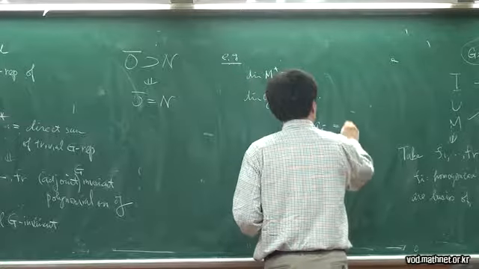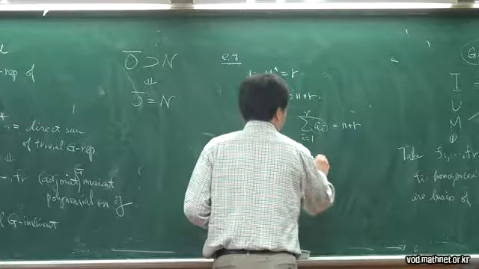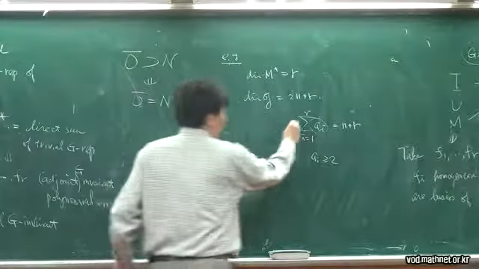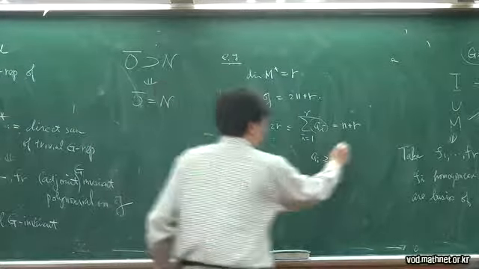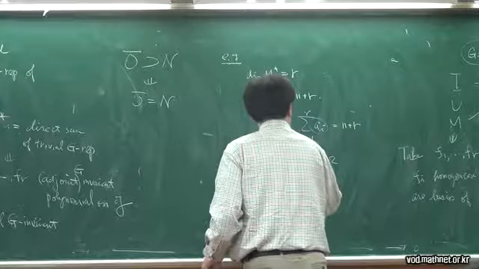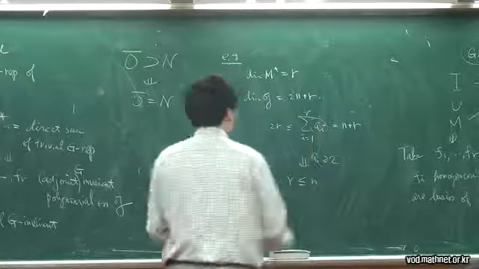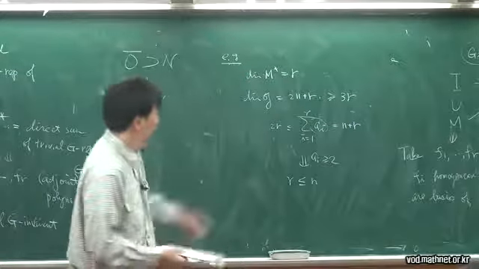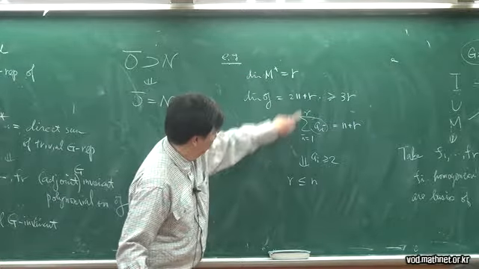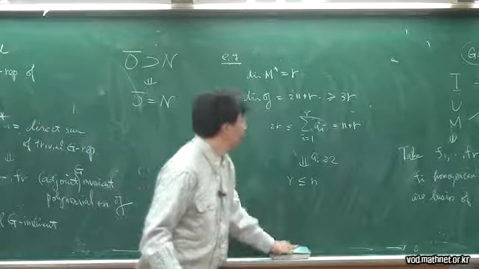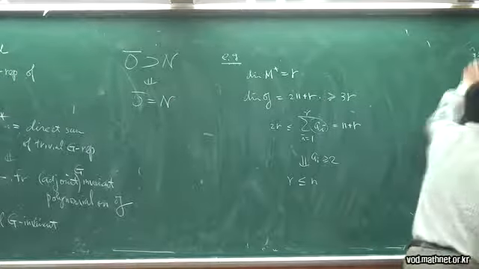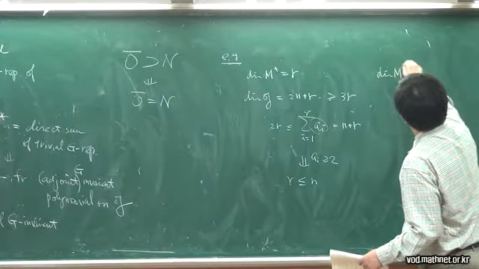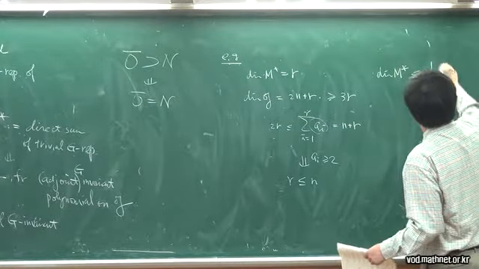This is n plus r, but a_i is not less than 2. So we have the following equality, and this implies that r is this, and then this is 3r. We replace n by r, and this gives 2r. So the dimension of M star is, we have this.